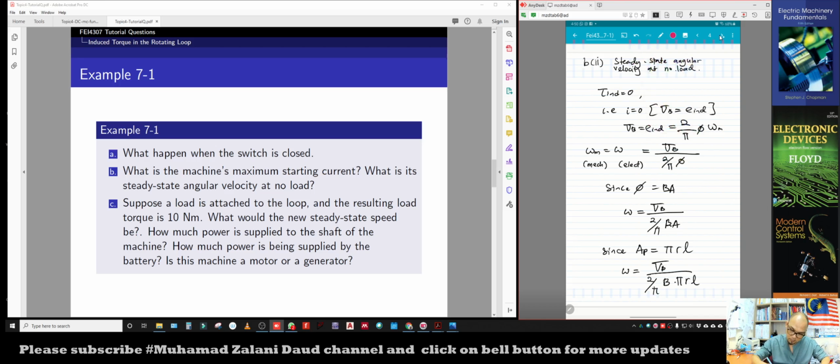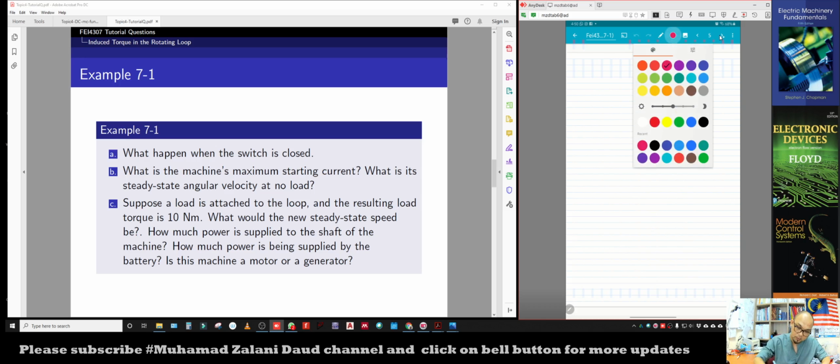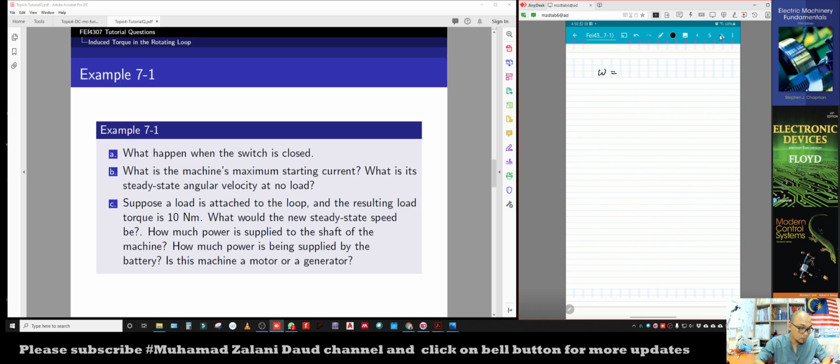Now we can cancel pi. What is left here is VB divided by 2BRL. So we get omega is VB divided by 2BRL.